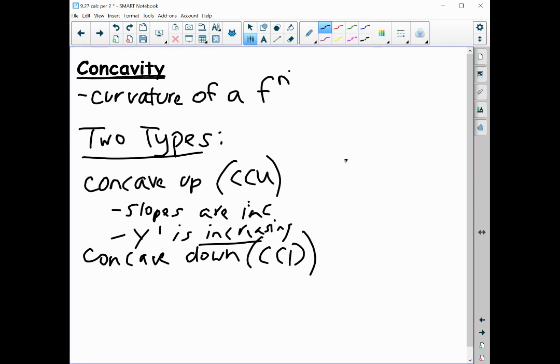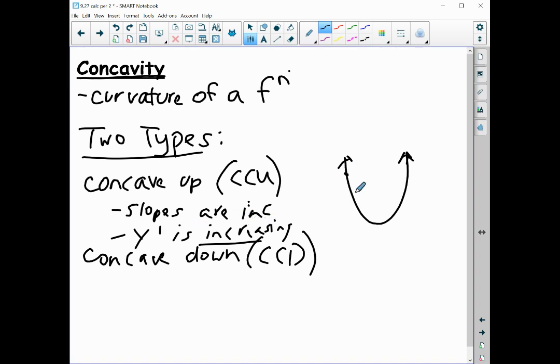Concave up functions are going to look like your parabolas. So notice that this example is concave up over its entire domain. And I like to call this like the smiley face, like concave up, you have a positive attitude, you're smiling. Concave down, you're frowning, okay? Now, notice here how I said that y prime is increasing.